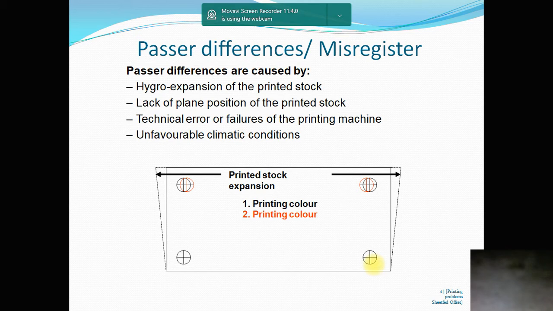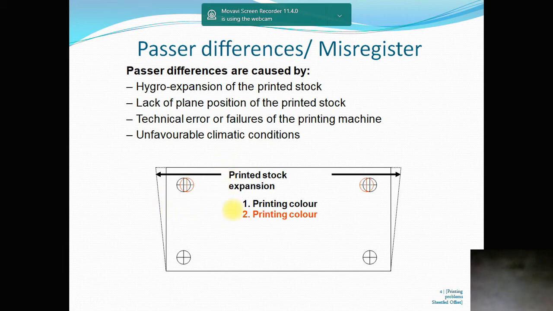Here we are going to know about this. This is the misregistration. See, in black color, this is the actual register mark, and this red color also should be printed on this black one. But because of certain problems, this pass difference or misregister occurs. We will see what the reasons are for this.